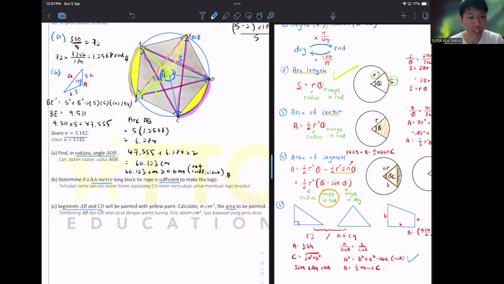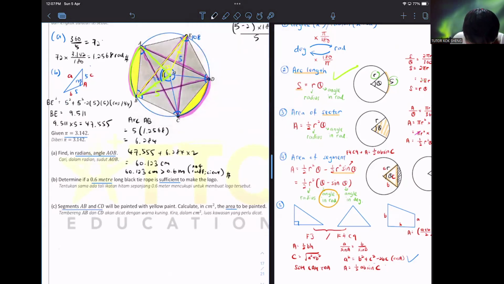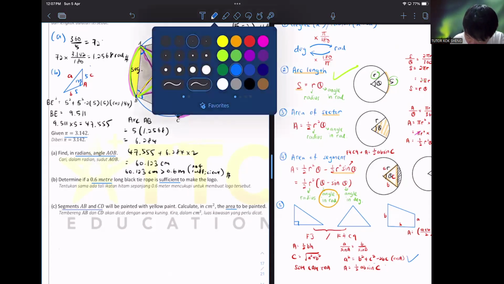So nothing special, just the area of the yellow color. These two yellow parts are segments, so use the segment area formula. The two yellow parts are the same again, so find 1, times 2, easy 2 marks. Let's go.